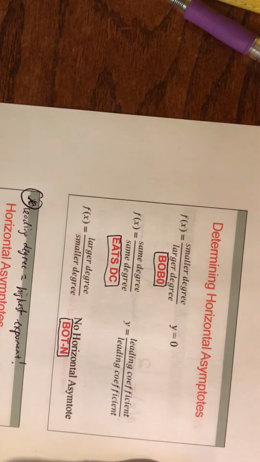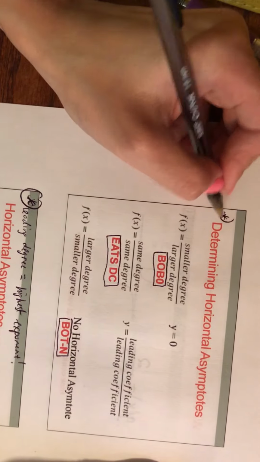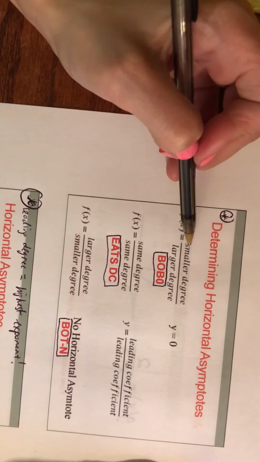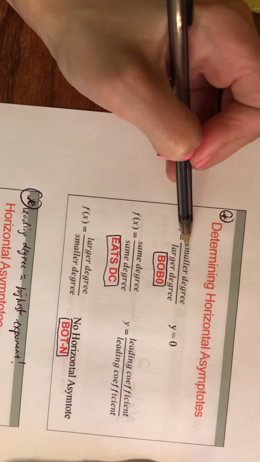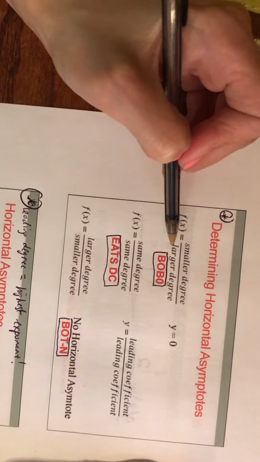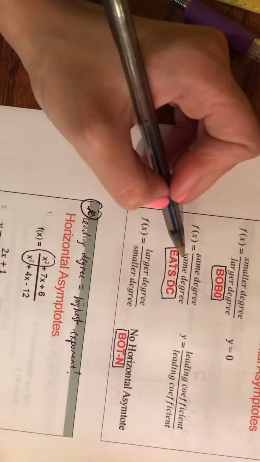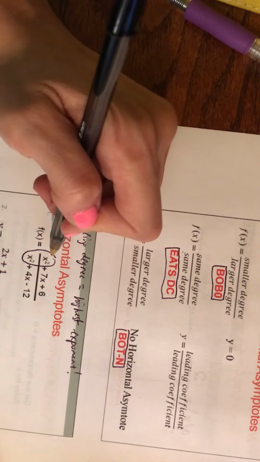Looking at our rules, is the degree smaller in the numerator and bigger in the denominator? No. Is it the same in the numerator and denominator? Yes.